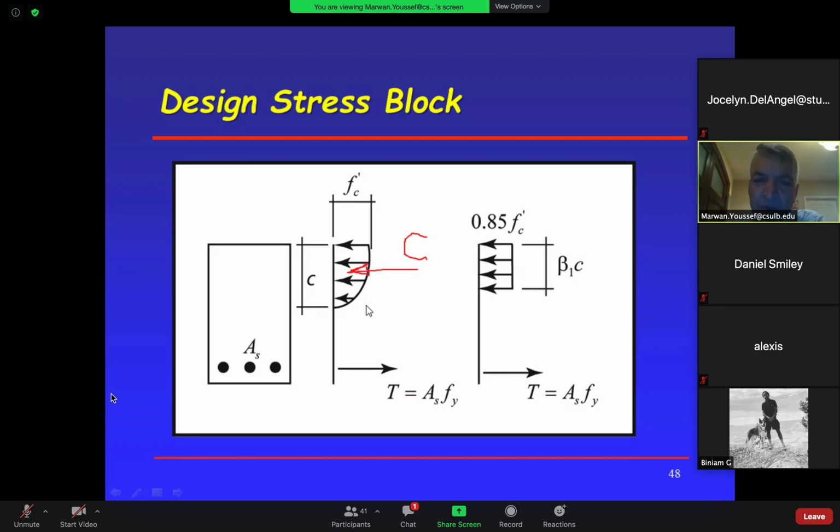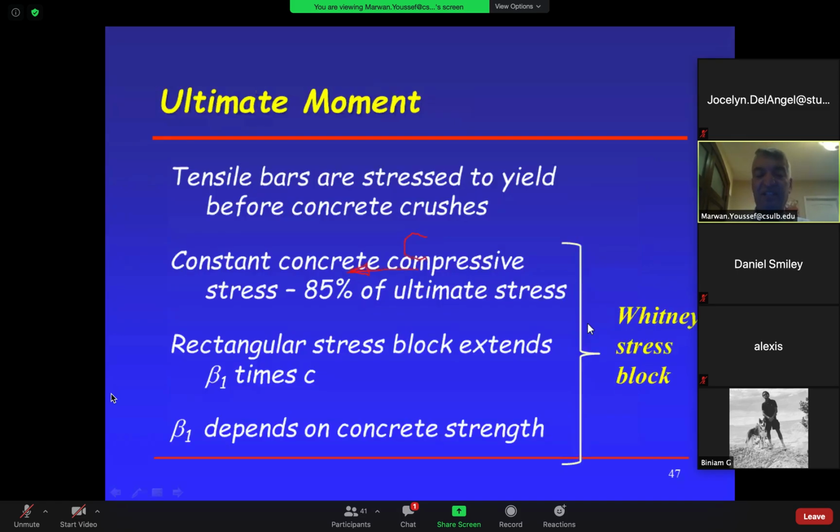I need to find the equation of this curve and then integrate that. Take the integral of it between 0 and this point, 0 and C. That gives me the area under the curve. But is that easy to do? No, it's not easy to do in design offices. So we need to find a simplified solution for that. All right? So an American engineer in the early 1900s came.